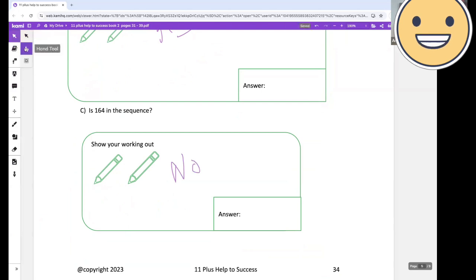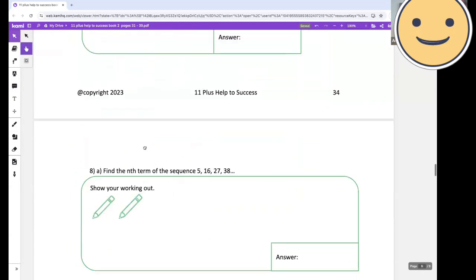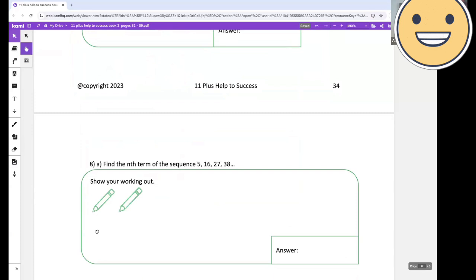So now we are on the next one. 8a. Who's going to tell me the sequence for this one?